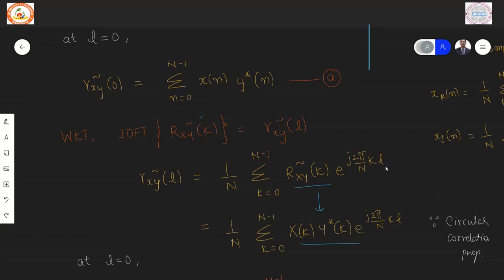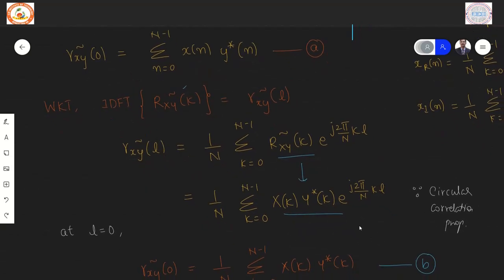That's why we use L. And this Rxy tilde of k can be replaced with x of k into y conjugate of k because of the circular correlation property.